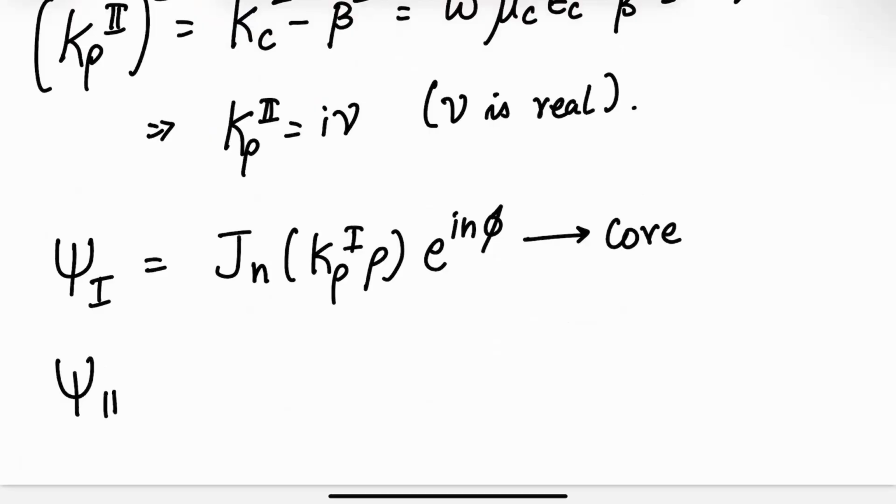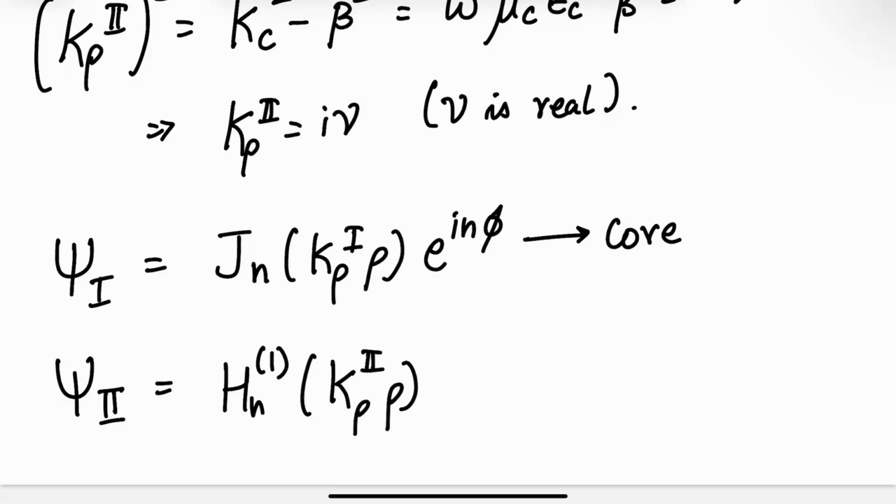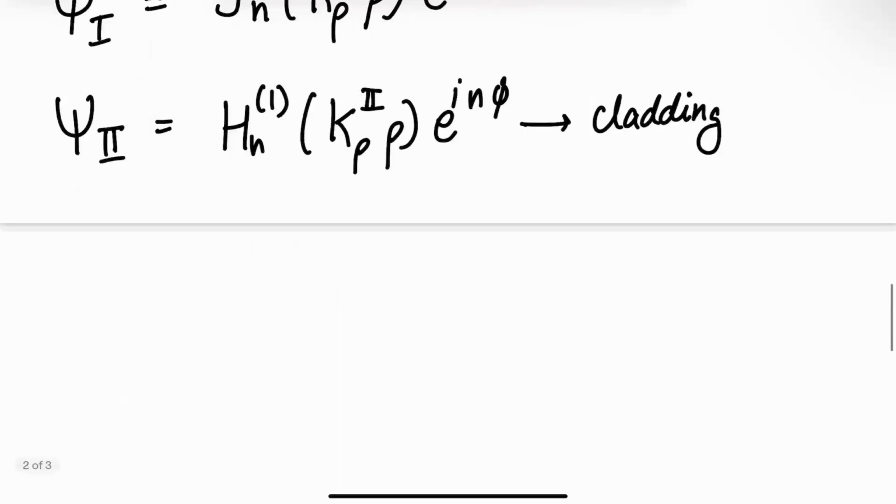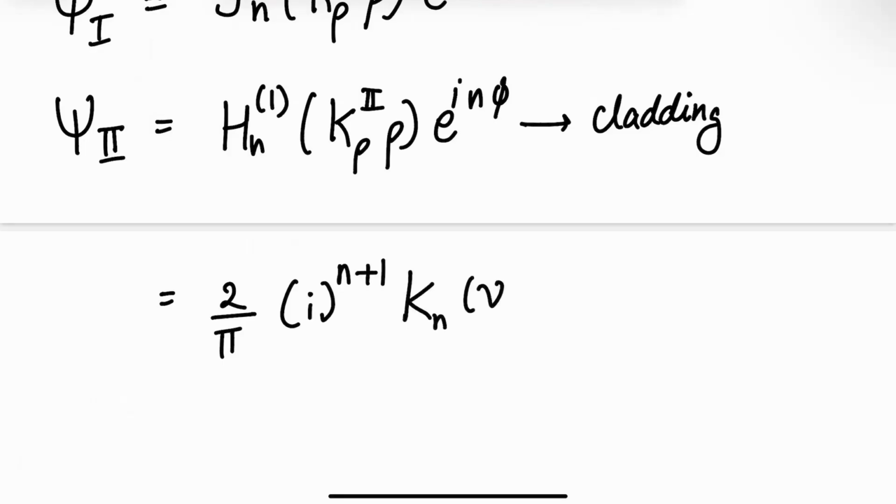And in region 2, we want the modified Bessel functions, which are exponentially decaying functions. Instead, we can also write it as the cylindrical Hankel function, Hn1(k rho 2 rho) e to the i n phi. So this is in the cladding, and this is nothing but equal to 2 over pi i to the n plus 1 Kn(nu rho), since k rho 2 is equal to i nu.